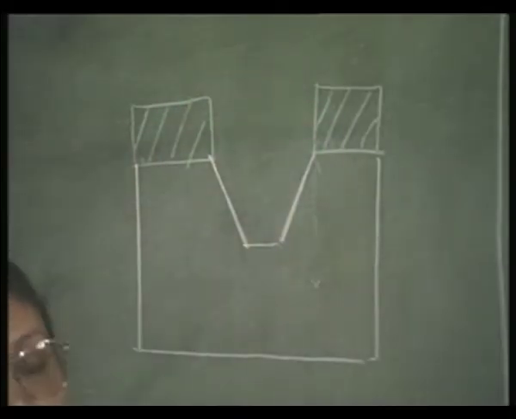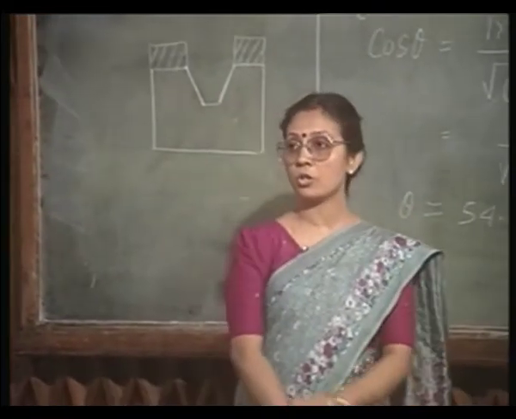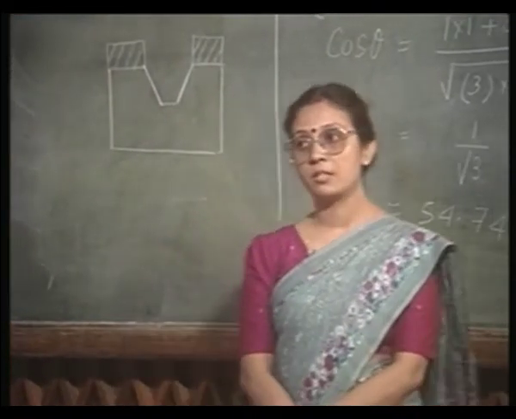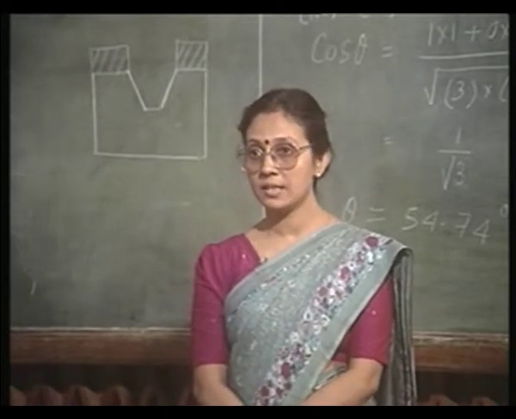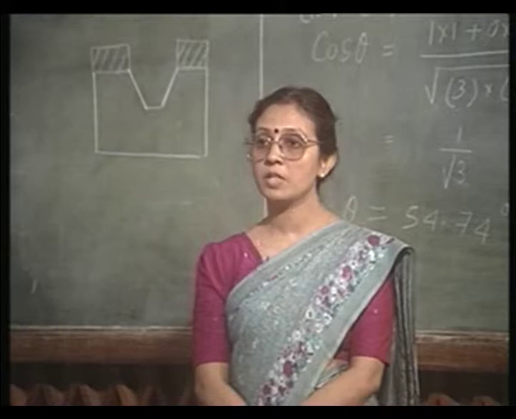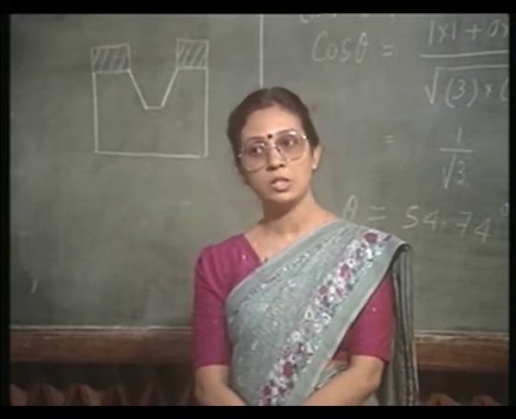It is also used nowadays, there is a lot of interest generated in micro machining of silicon, and this selective etching is very much used for micro machining of silicon.